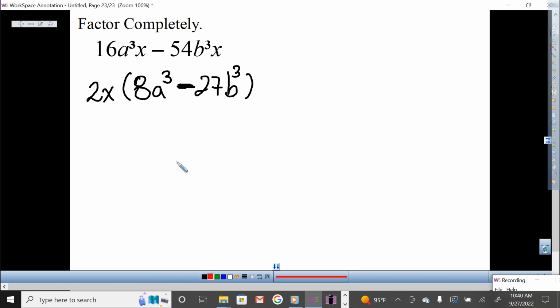So, here we go. Can we take the cube root of this one? Tell your neighbor how to rewrite that as a cube.